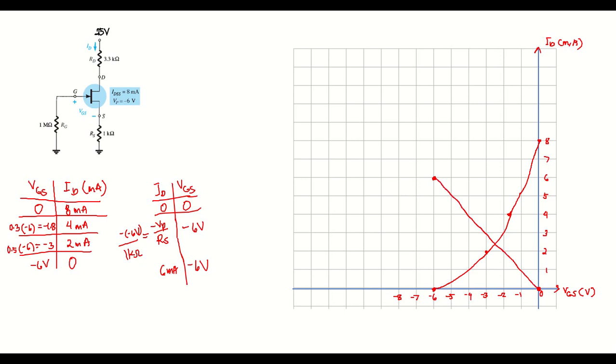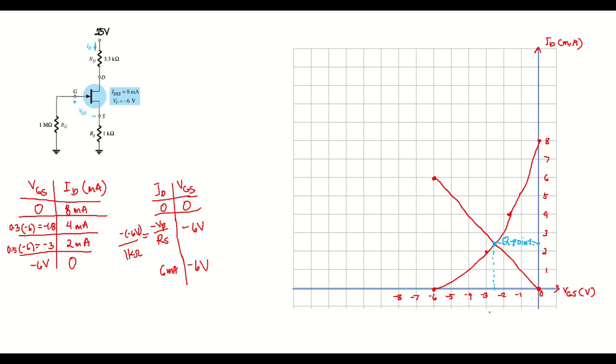We are now ready to determine the quiescent point of the circuit. So this is the Q point of the circuit. Let's see where it is located in the graph, and we will estimate its value here.